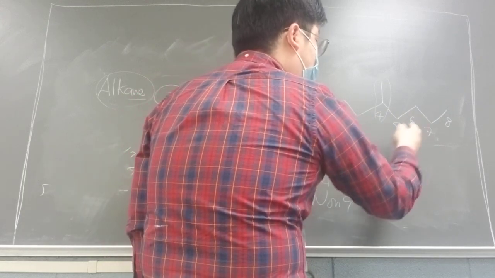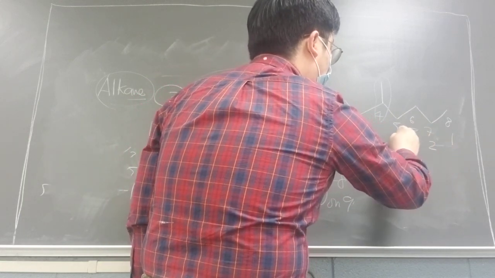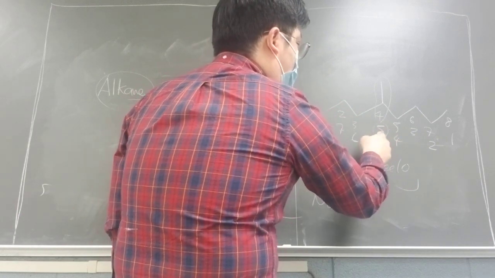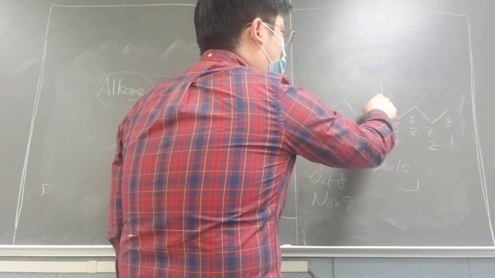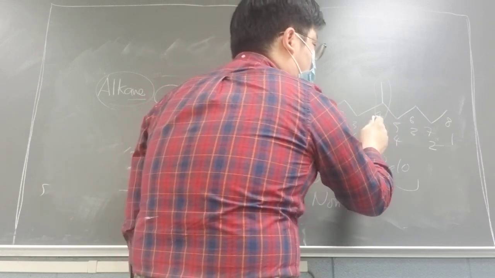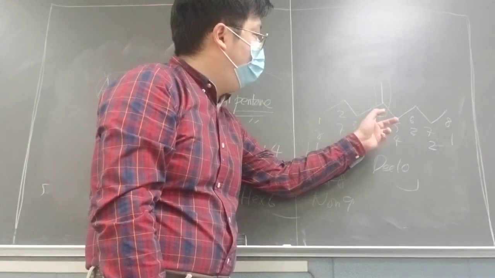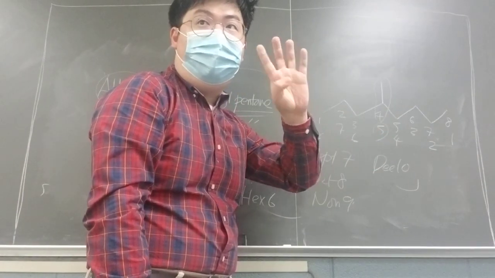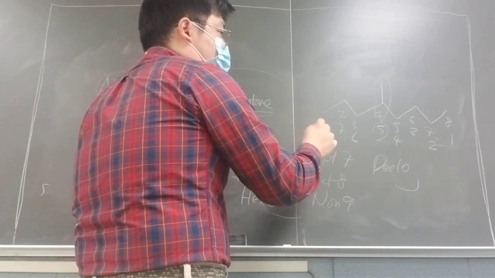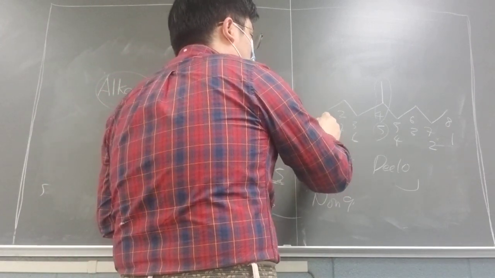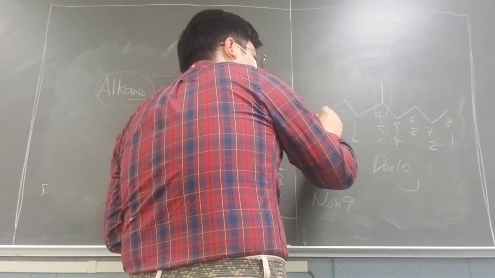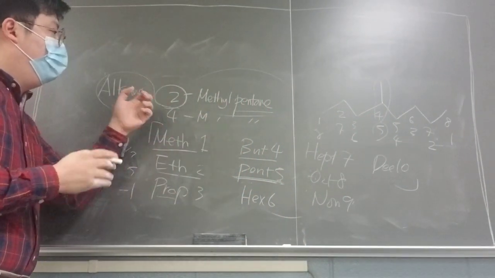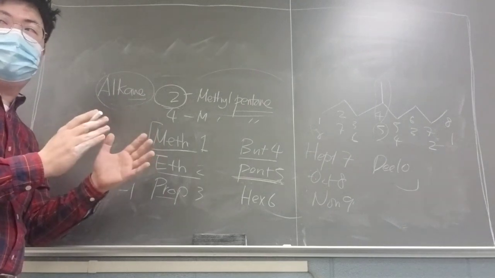But if you count from the other end, 1, 2, 3, 4, 5, 6, 7, 8, you have the methyl group on carbon 5. So in this case, it is going to be 4-methyl octane or 5-methyl octane. It will be 4. That's why in this case you have to count the carbon from left to right, because you need to always give the lowest possible number for the locant. That's the job.